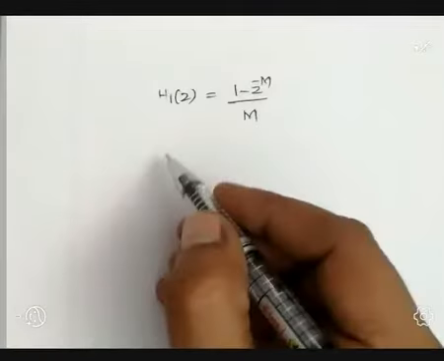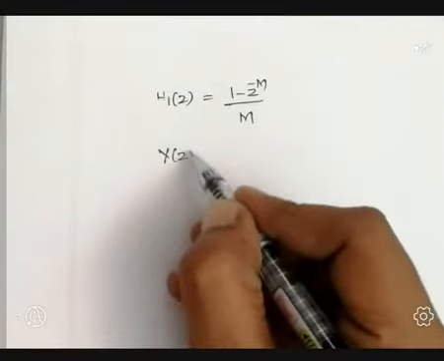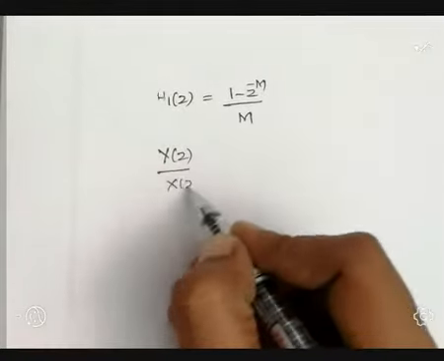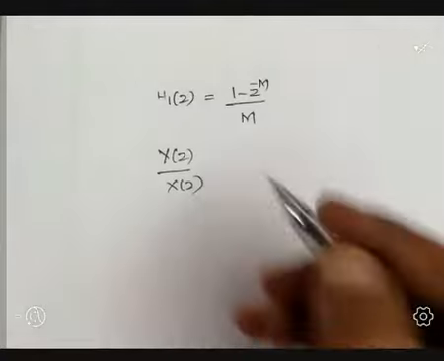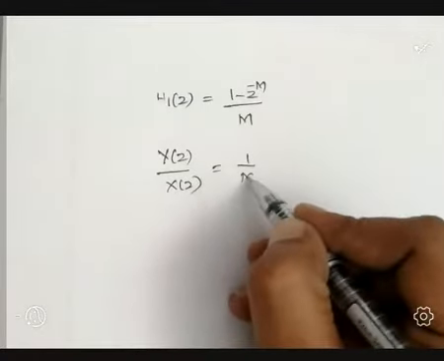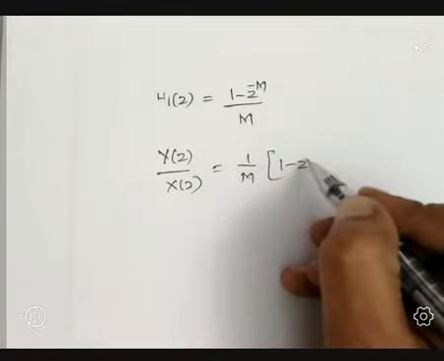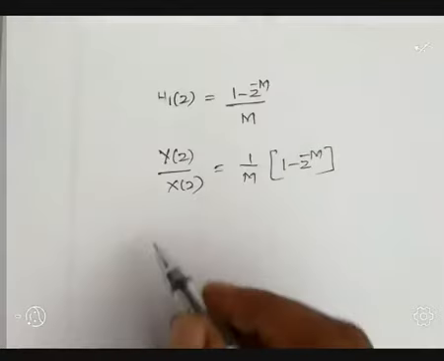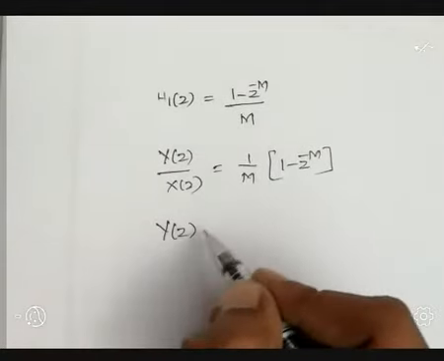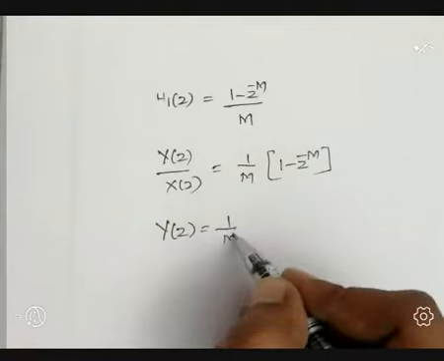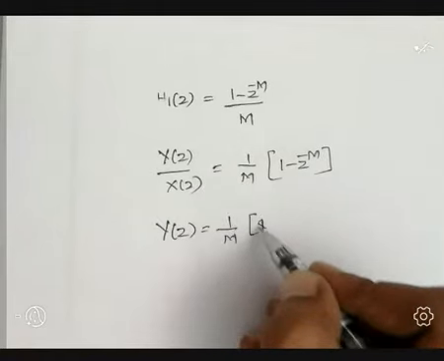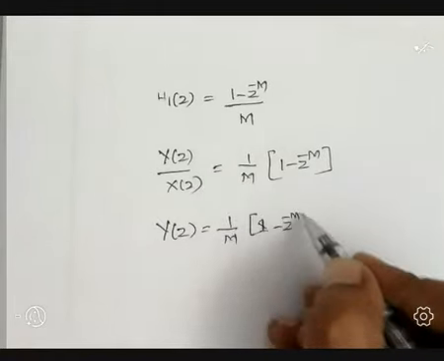It is the ratio of output by input, Y of z by X of z. 1 by M is common, times 1 minus z to the power minus M. Cross multiplying, Y of z equals 1 by M times 1 minus z to the power minus M into X of z.